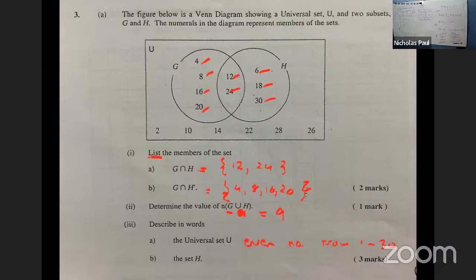And what is the set H? H is multiples of 6. That's okay? Again, you have to tell them from 1 till 30. Easy math, right? Nice.